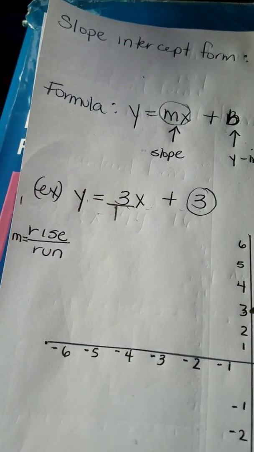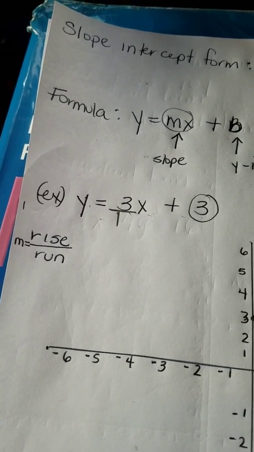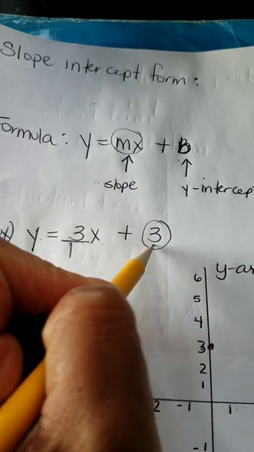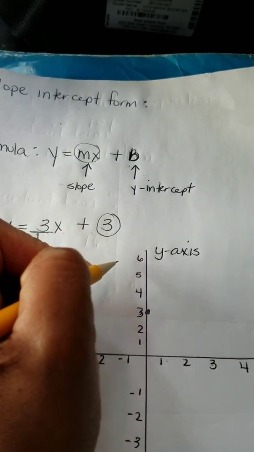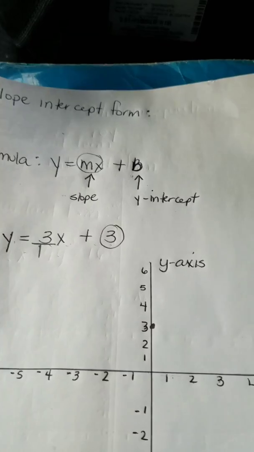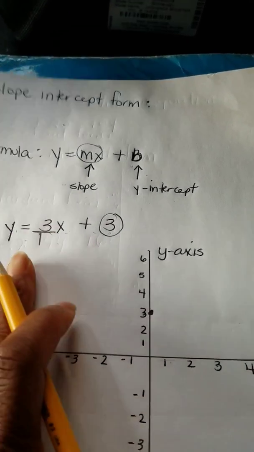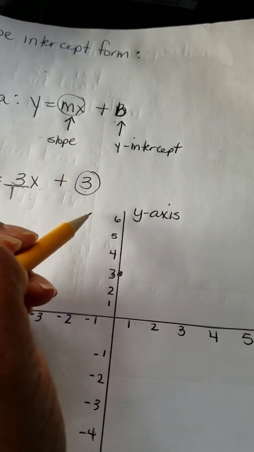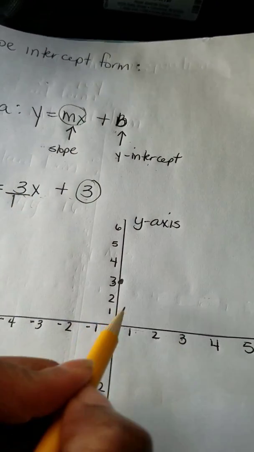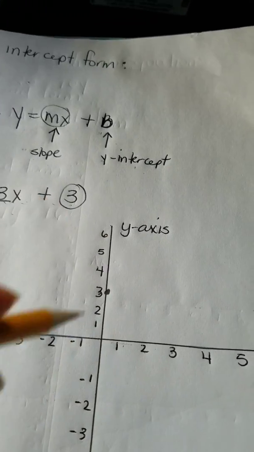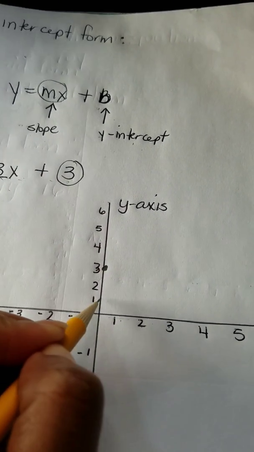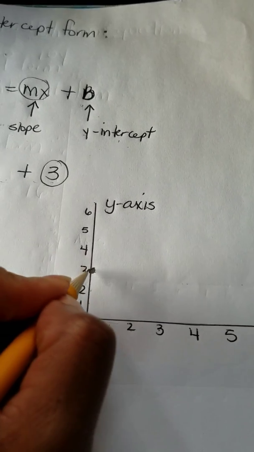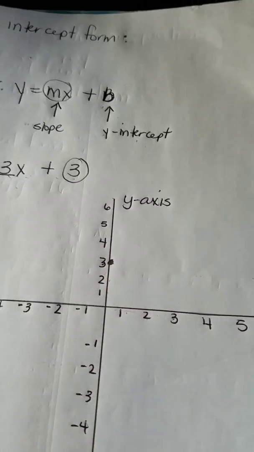Immediately I would look at the y-intercept, which is b, or 3. I can plot this right now because it's already in form. I don't have to do anything additional. Since it's positive and it's the y-intercept, I'm going to go straight to the y-axis, count up 1, 2, 3, and plot my point on the y-axis.